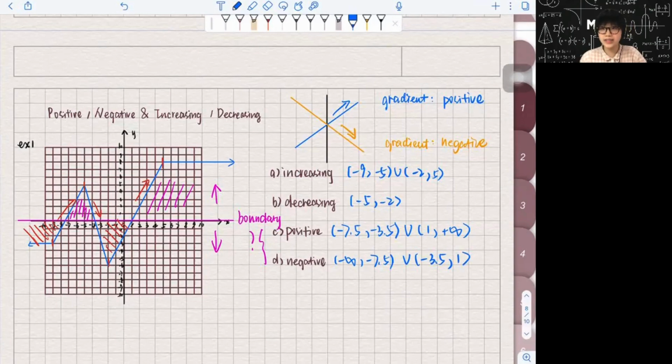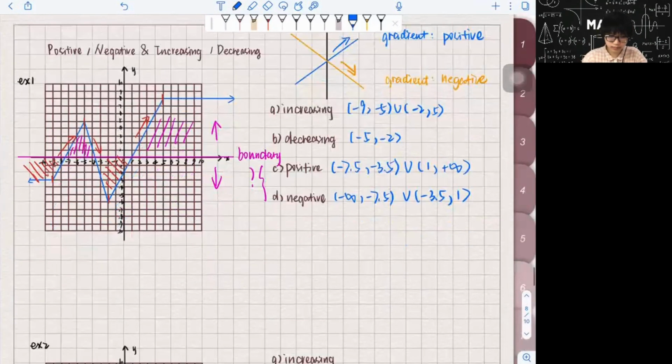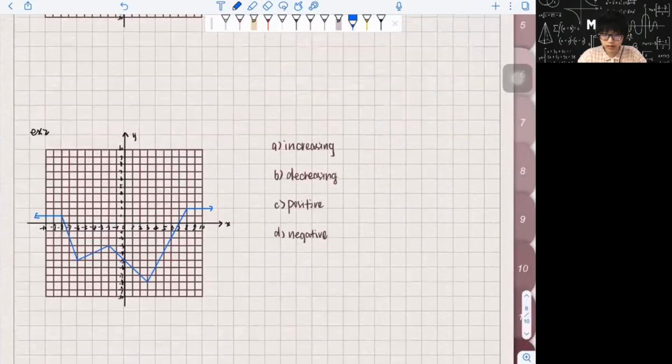Now let's turn to exercise 2. We should use the same method to deal with exercise 2. So from -8 to -6, the gradient is negative, so it is decreasing. From -6 to -2, the gradient is positive, so it's increasing.